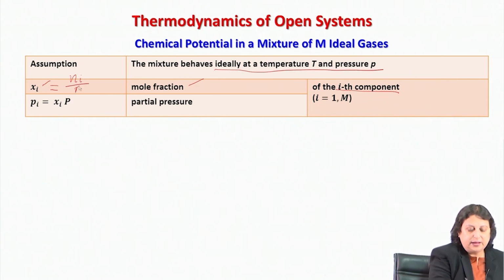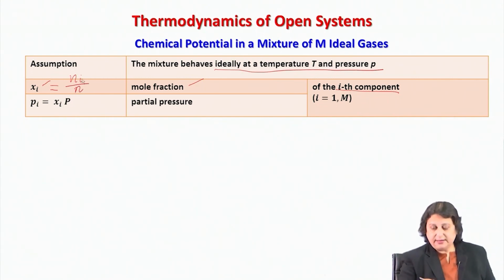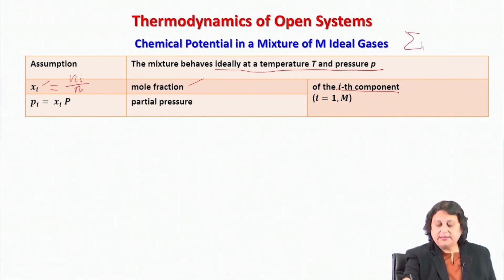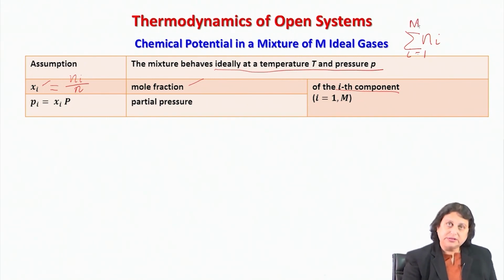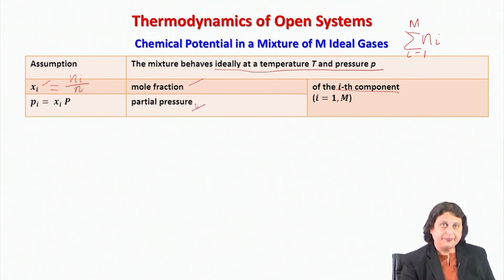Ni divided by n. So what is n? n must be the summation of Ni over all the number of particles present in the system. Now I introduce another quantity, which is the partial pressure.